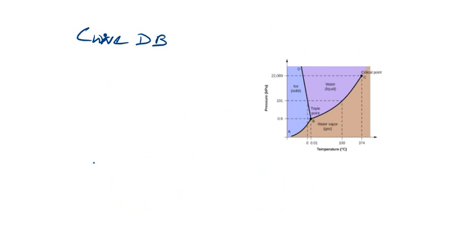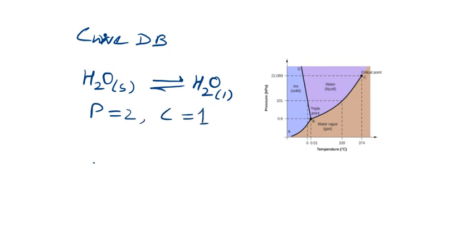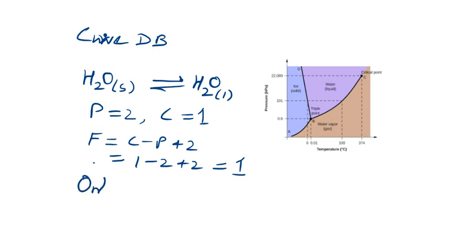In curve DB, ice is in equilibrium with liquid, and thus we can write H2O solid is in equilibrium with H2O liquid. In such case, again two phases coexist and component is 1, thus F is equal to C minus P plus 2, F is equal to 1 minus 2 plus 2, that gives 1. So again only 1 degree of freedom is there on the curve.